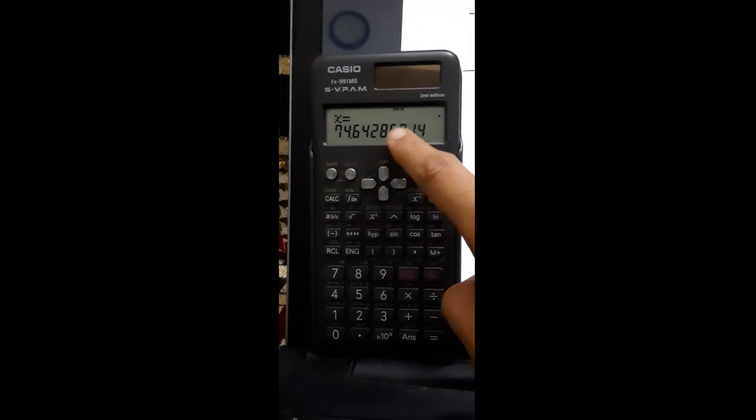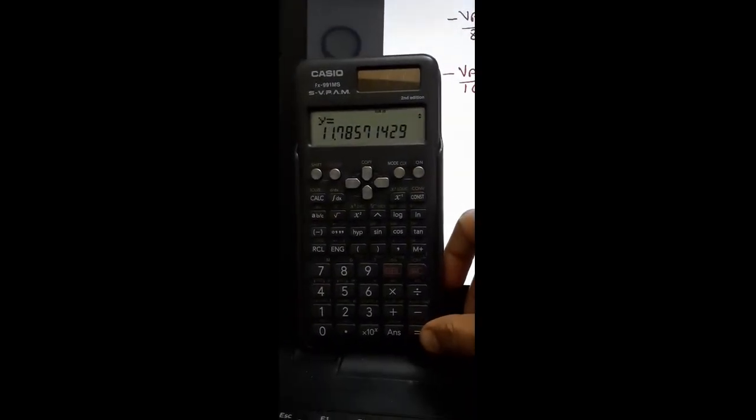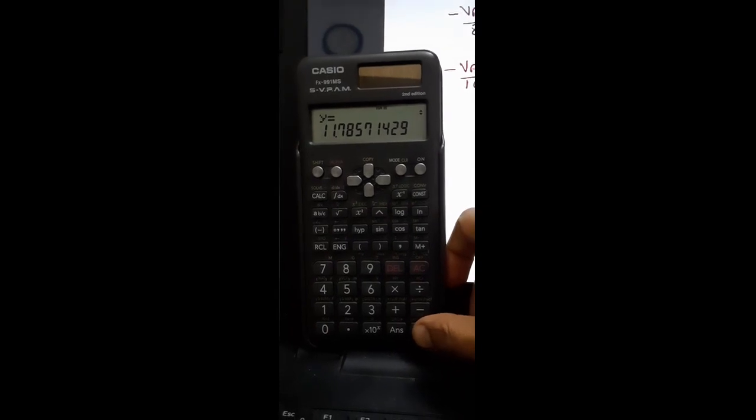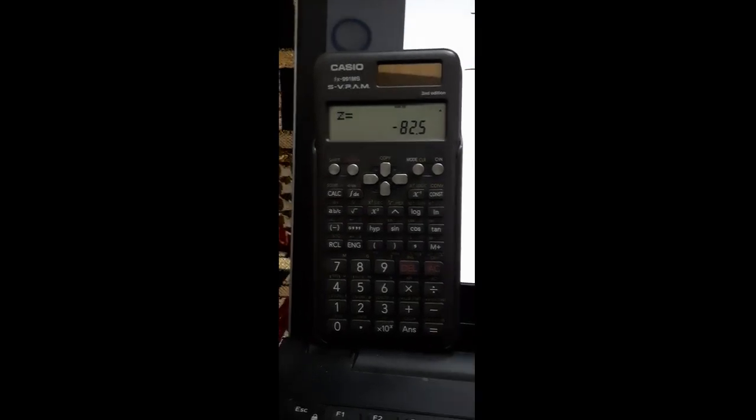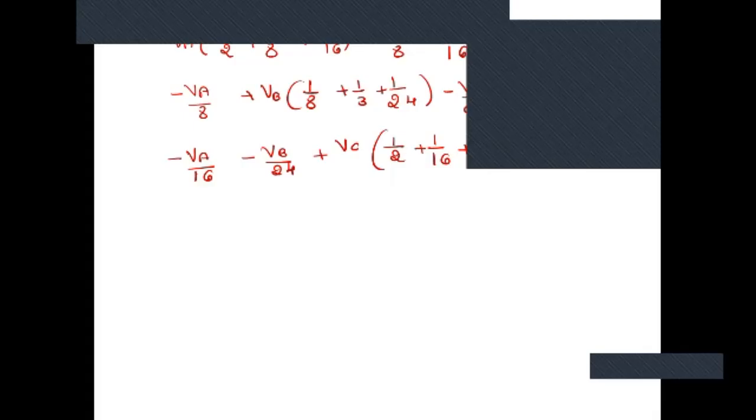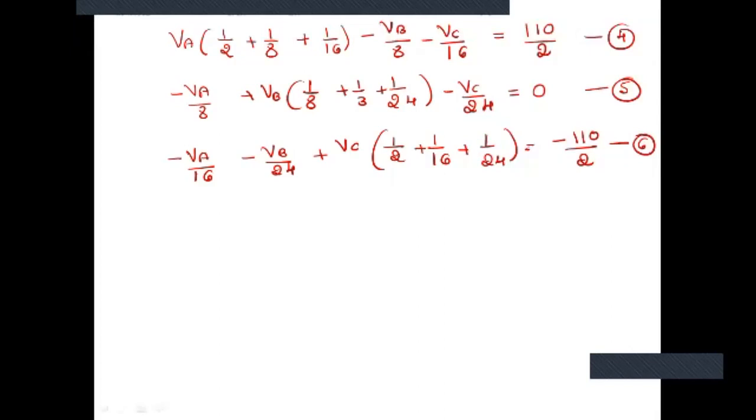See the answer. X is nothing but VA, 74.64, Y is VB, 11.785, and Z is VC, minus 82.5. So using the calculator, we have already got the values of VA, VB, VC.